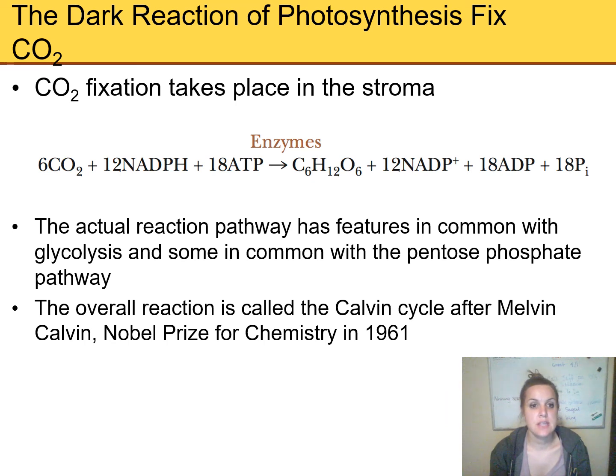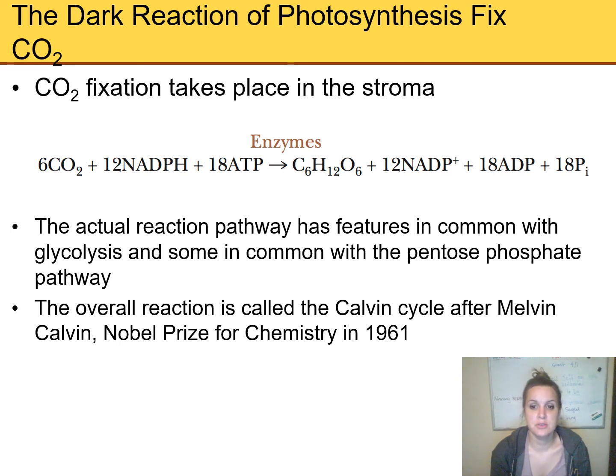So what you see is that carbon dioxide plus NADPH and ATP are going to make glucose, and they're going to release NADP, NADPH, and inorganic phosphates. So this reaction has a lot of features in common with glycolysis and a few in common with the pentose phosphate pathway that we didn't really talk about.